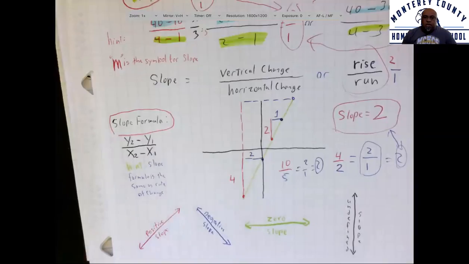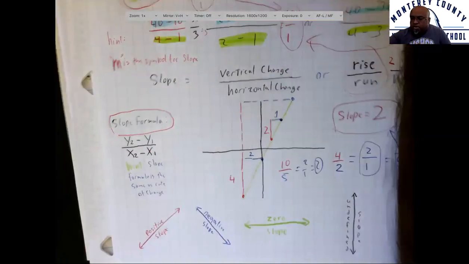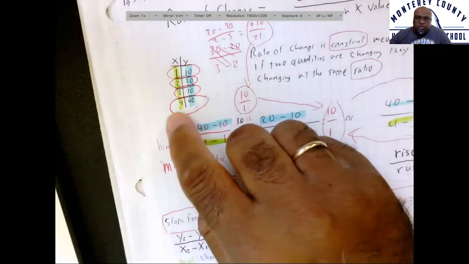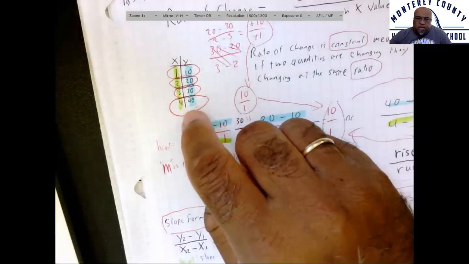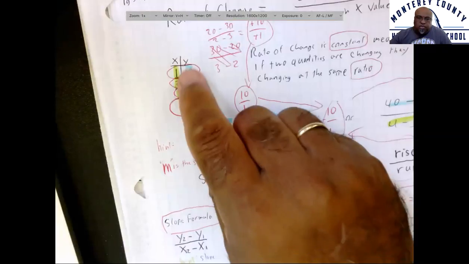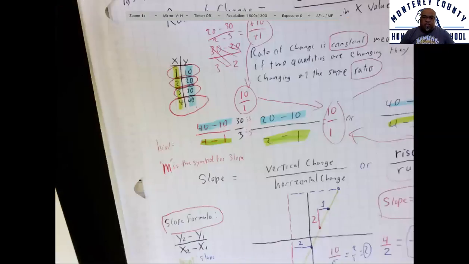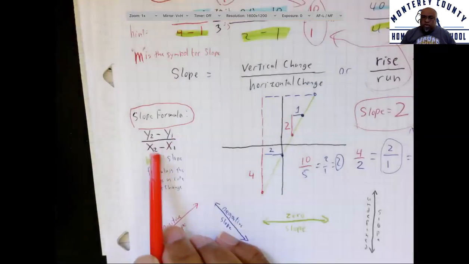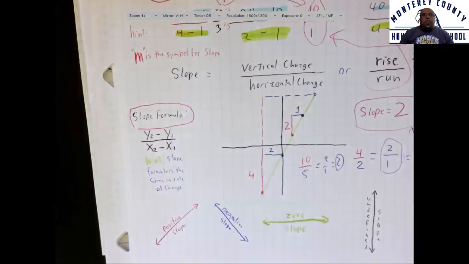Okay? Now I said your second y number and your first y number. Going back to this table here, remember we did rate of change and I picked different y values. I compared the last set to the first set of y and x values. So we say y sub 2 minus y sub 1 and x sub 2 minus x sub 1. If you have a table and there's many different values on there, honestly, you can pick any two pairs of values.